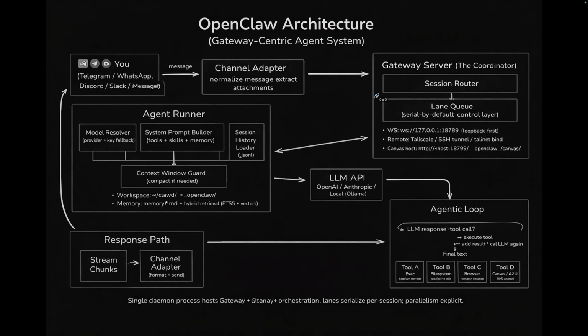The second responsibility of the gateway is handling the lane queue system. Each session gets its own queue, and by default, it follows a first come, first serve scheduling algorithm. I think something you've already probably encountered back in college when learning about scheduling algorithms.